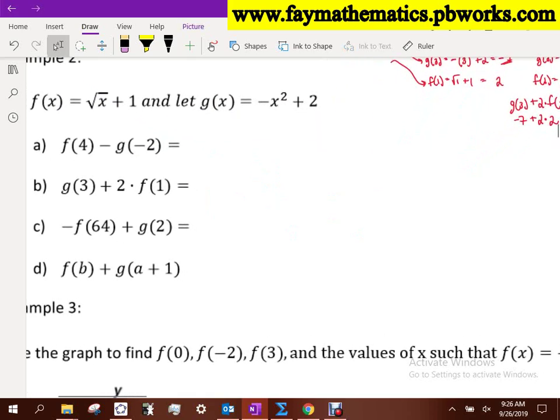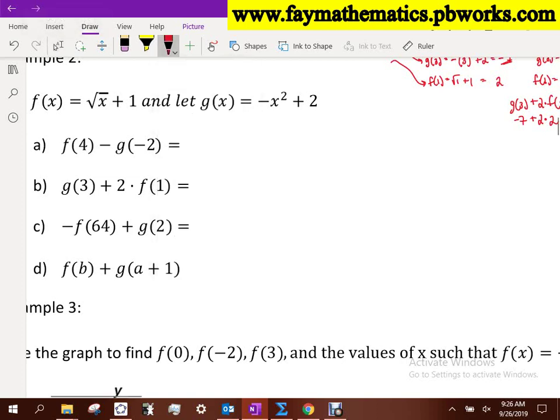All right, so part D says you take these two functions, f of x and g of x, and instead of inserting specific values, you're going to insert variables. But those variables represent values, right? They represent numbers. So it's the same procedure. It's the exact same process.